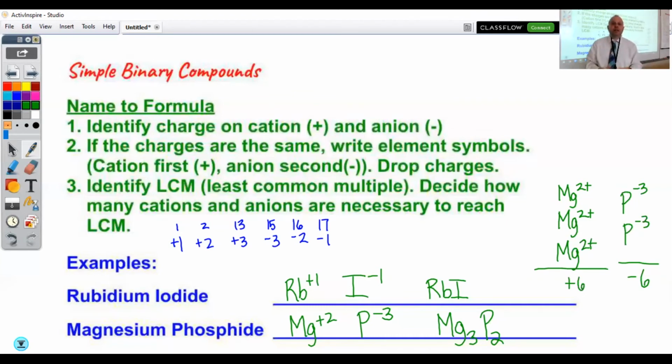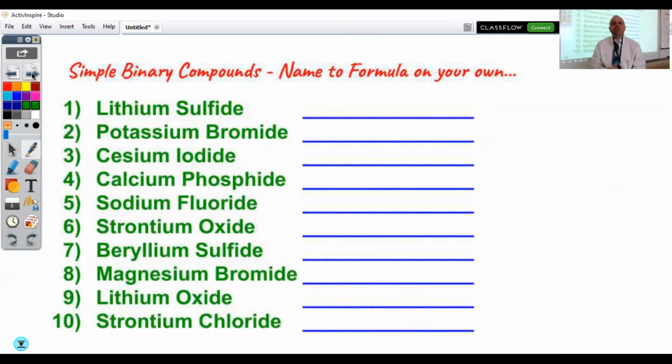Okay, let's take a look at some examples. In each of the examples that we're about to look at, the first thing that I'm going to do is identify the group on the periodic table and the charge associated with that group for both the cation and the anion. So for the first one, we have lithium sulfide. Lithium is in group 1 on the periodic table, so it has a +1 charge.